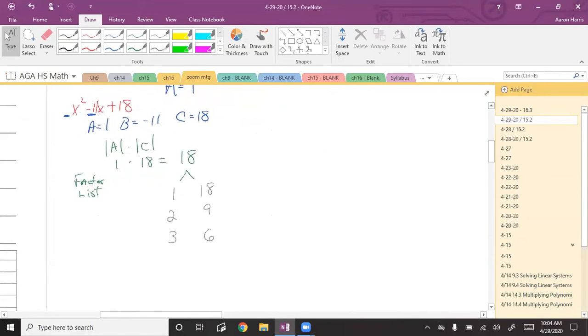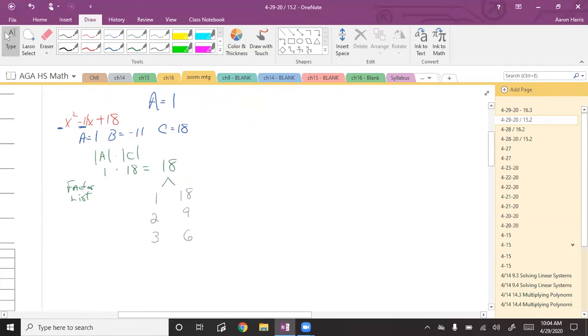Here's the part that I have to emphasize. I have to make sure that you understand this. In order for us to know the signs of the small factor and the big factor, okay? Those are the small factors. These are the big factors. Small, big.